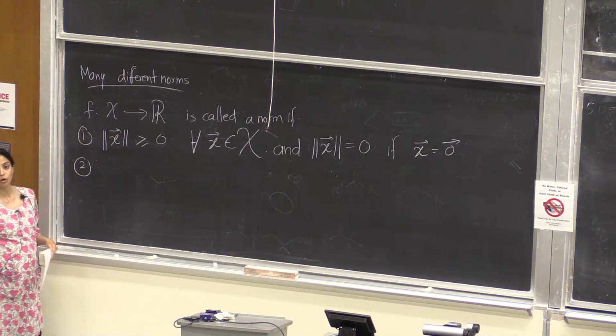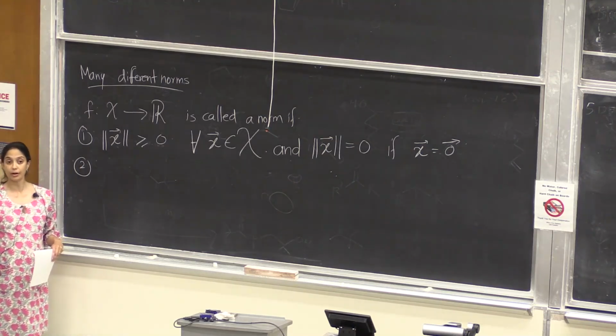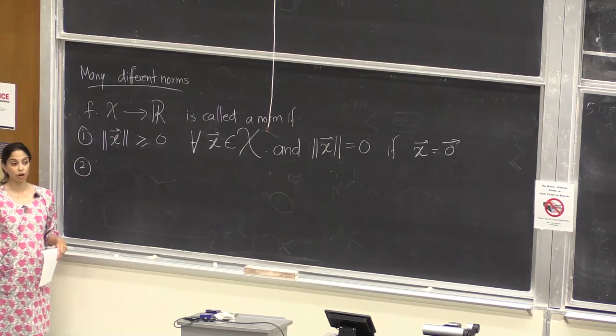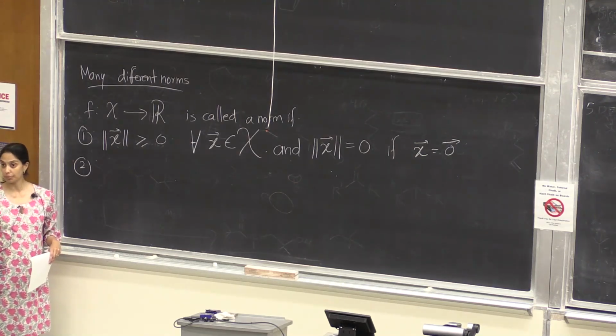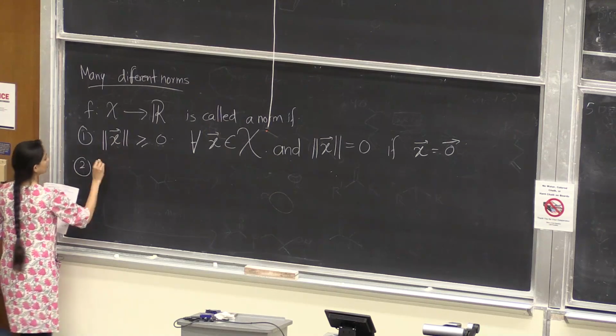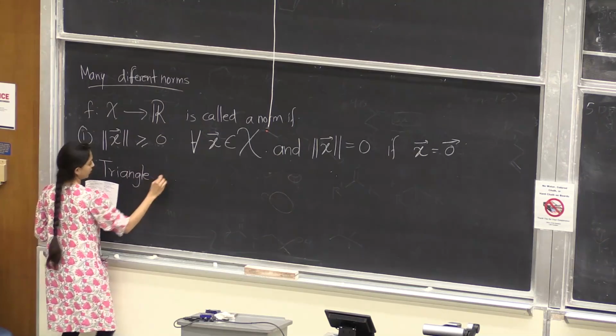Property number 2 of all kinds of norms. This came up last time when we were trying to figure out why the projection is the orthogonal, right? Why that point where you drop the perpendicular is the closest point to a point not on the plane. And some people were talking about the triangle inequality. Well, the triangle inequality is a key property of norms. It must satisfy the triangle inequality.